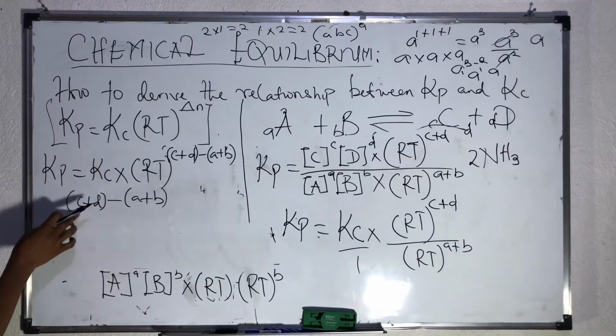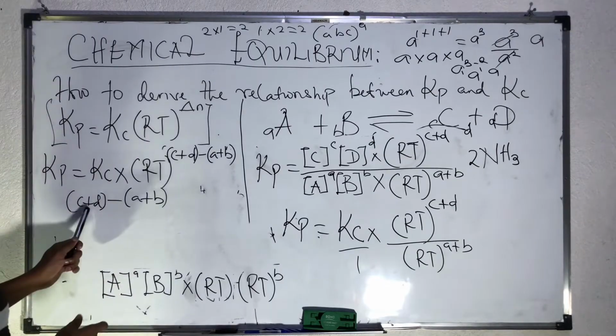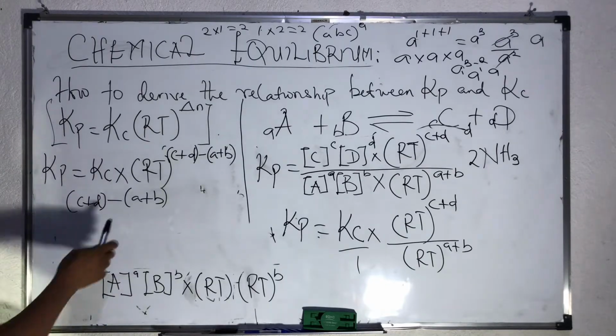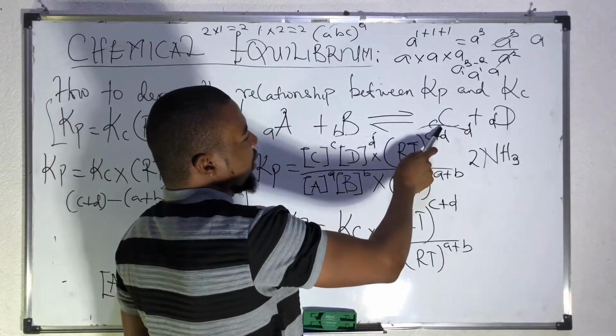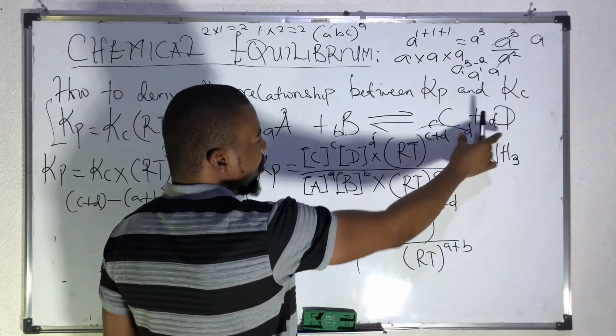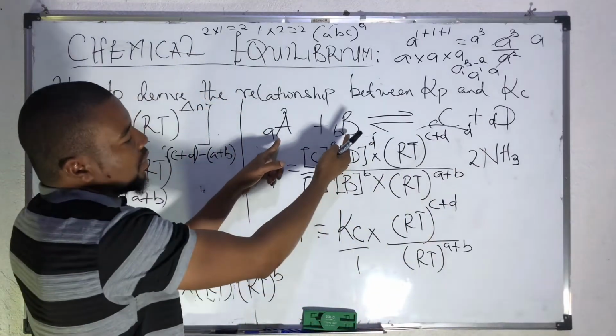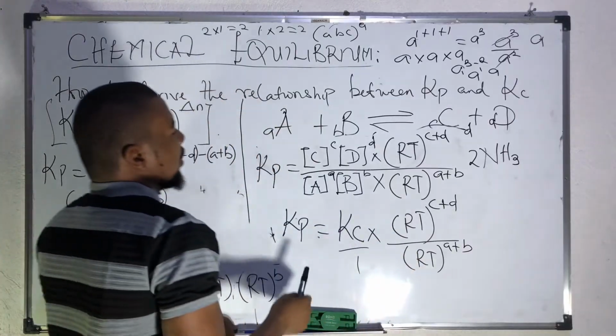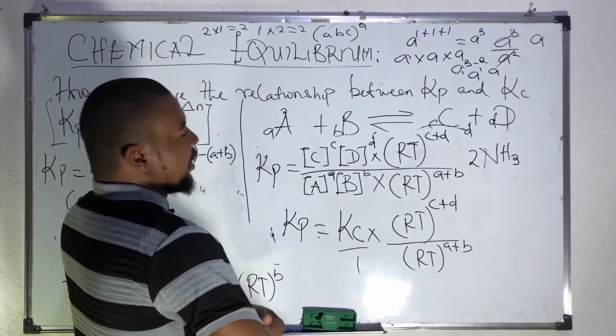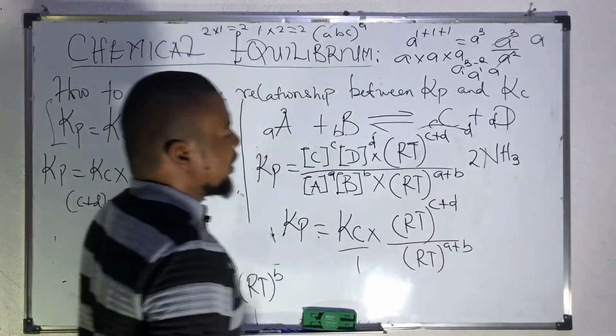This can be seen as final minus initial. The C plus D are the products, so initially you start with your reactants and you end up with the products. So the A plus B is the initial, while the C plus D is the final.